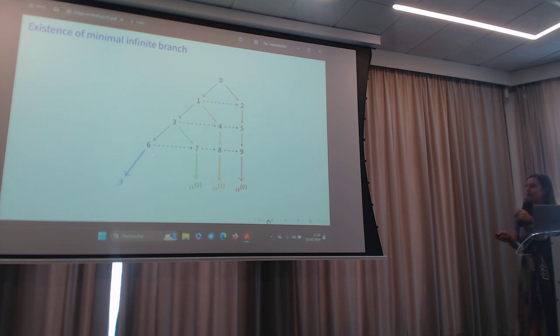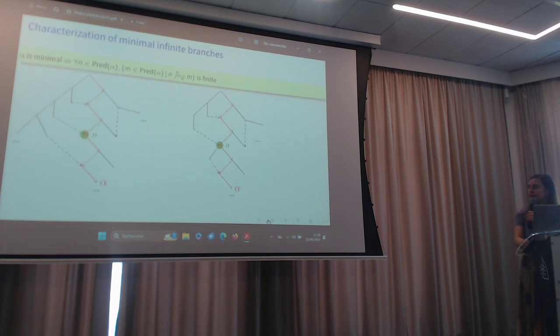The way to do it is that for the branch beta, you always use edges that are used by infinitely many branches of your decreasing chain. You can do it because the tree has finite branching, and so there are always minimal branches. That was the first point.